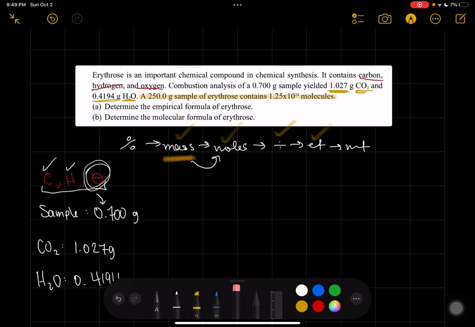Okay, but we're not done yet, guys. Don't be too happy yet. The next part is to determine the molecular formula of erythrose. It says a 250-gram sample of erythrose contains 1.25 times 10 to the 24 molecules.